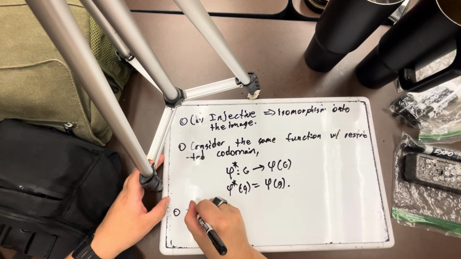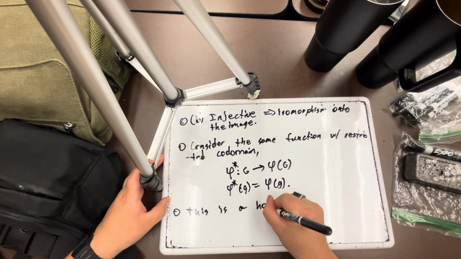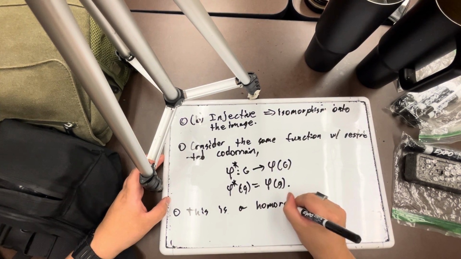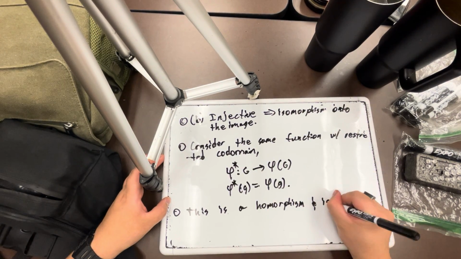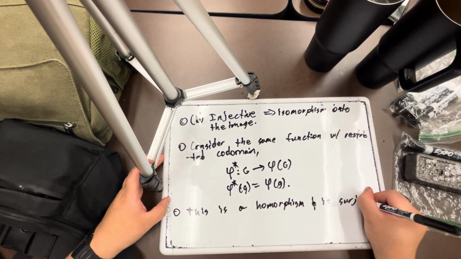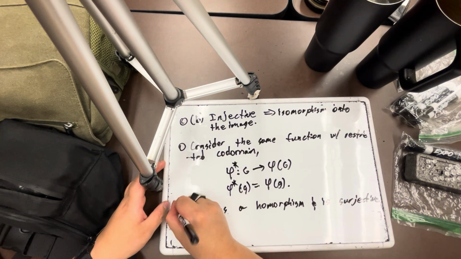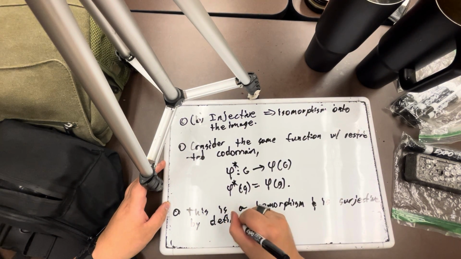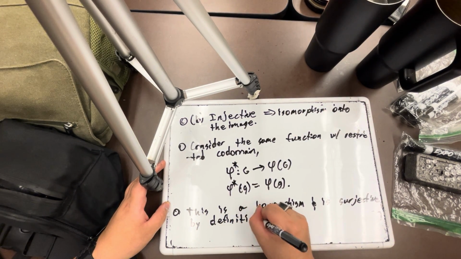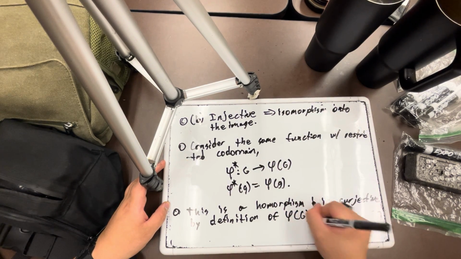Now, this is a homomorphism, and is surjective, by definition, of phi of g.